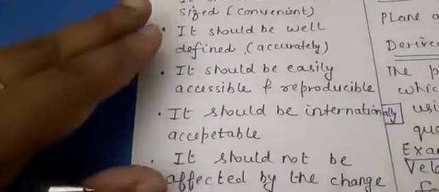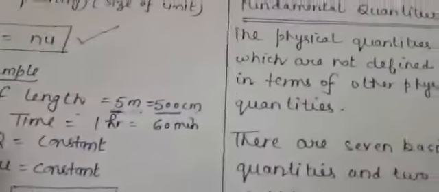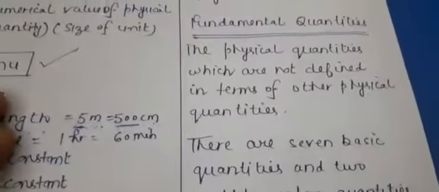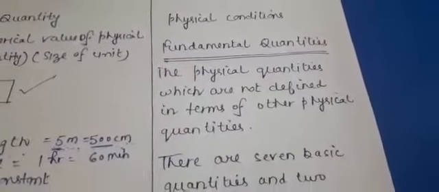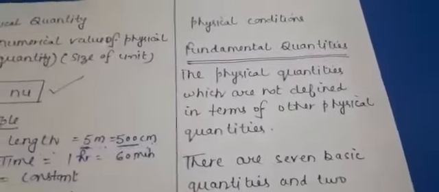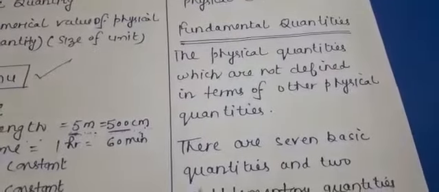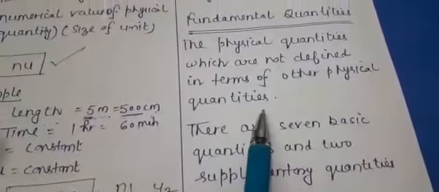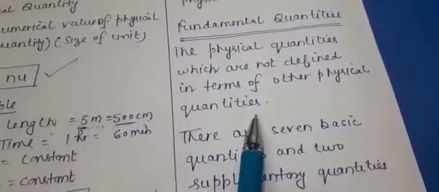Now, as we have taken the concept of physical quantity, now we will categorize physical quantities as fundamental quantities and derived quantities. Fundamental means basic. It means the quantities which are not defined in terms of other physical quantities. That means for some basic quantities, their splitting cannot be there.